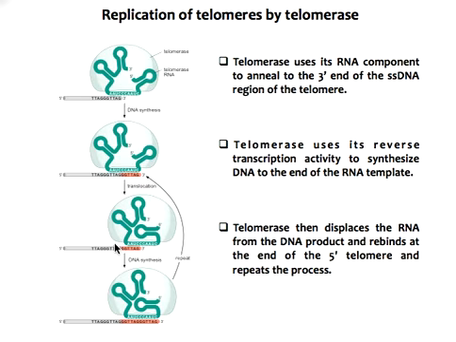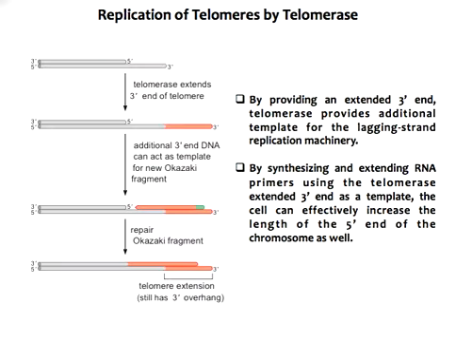So here it rebinds, so it disengages from this location and then translocates to this particular location, right? And then this process repeats several times so that the telomere can be extended to a considerable length of DNA. So this is in brief.